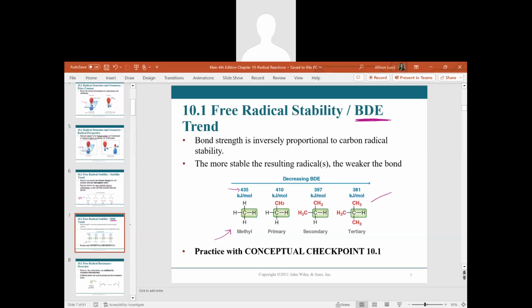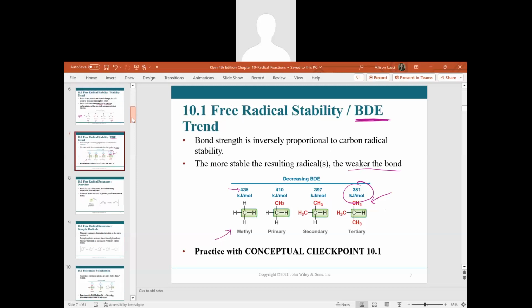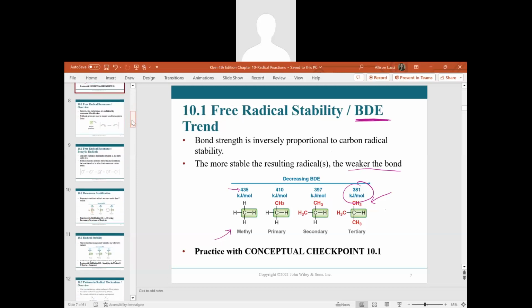Until we get up to our tertiary over here, this would be the most stable, and therefore that would require the least amount of energy. So we see a weaker bond with a decrease in bond dissociation energy, and then our most stable tertiary radical would therefore require that least amount of energy to break that bond. So those two facts go hand in hand: the amount of energy to break the CH bond to form a radical, and then the radical's stability.